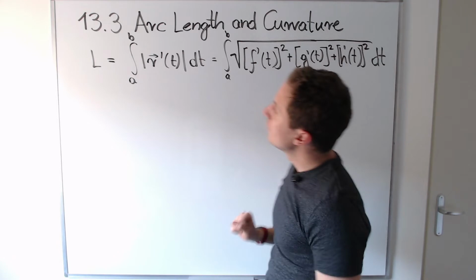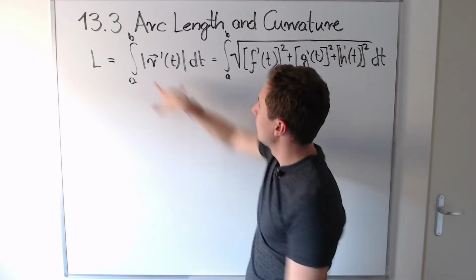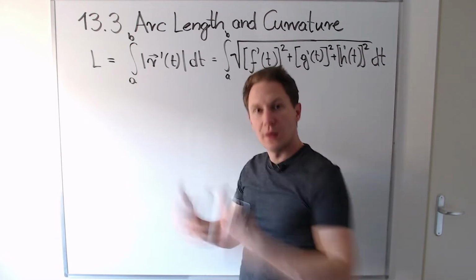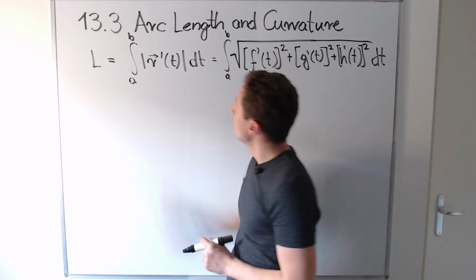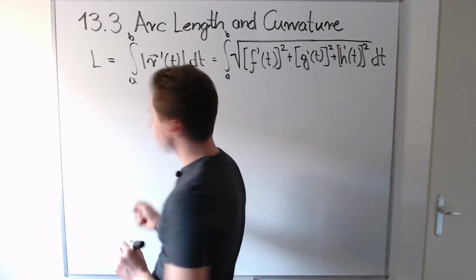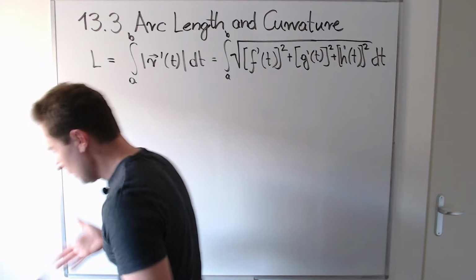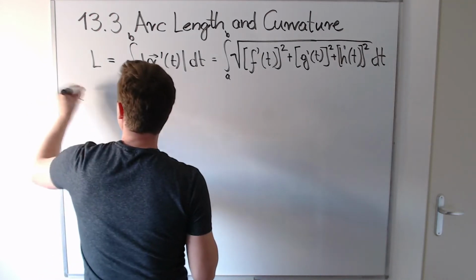So that's going to give us the length of the curve that's parameterized by the vector function r(t). So it's just the integral of the length of the derivative vector. Okay, let me give you an example.